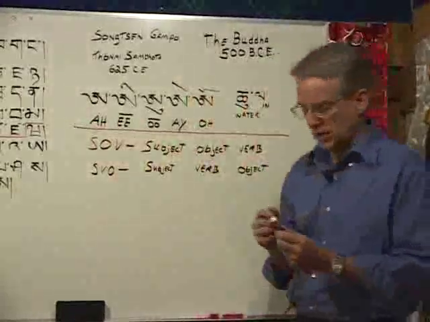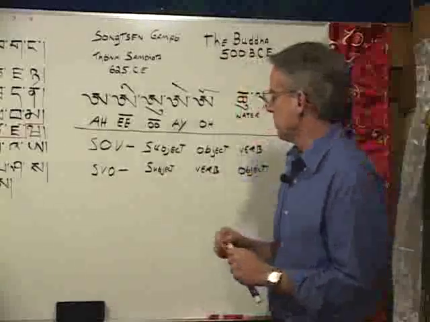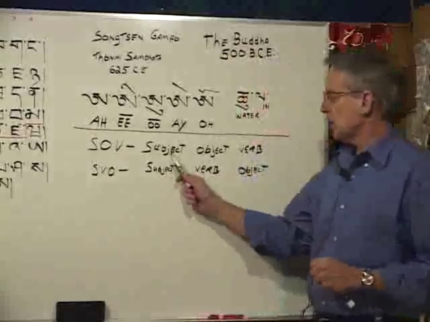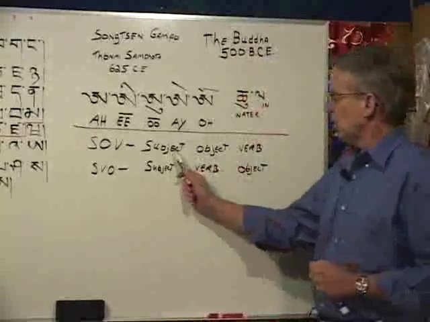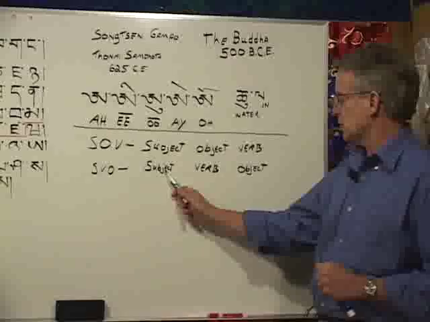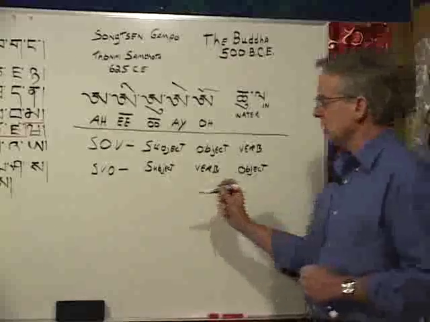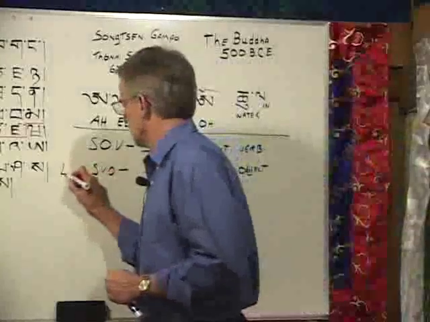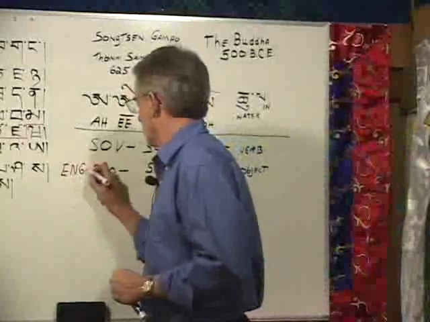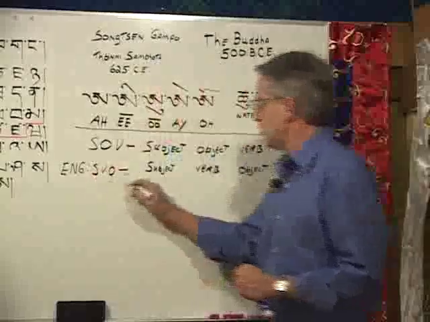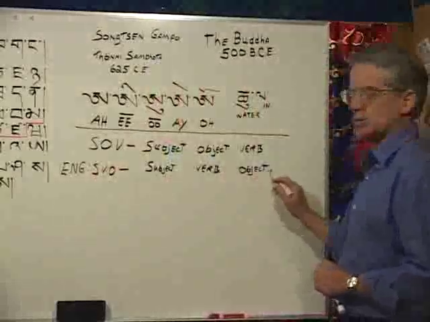All languages can be classified into two types: those languages which are subject, object, verb, and those languages which are subject, verb, object. So English would be subject, verb, object.